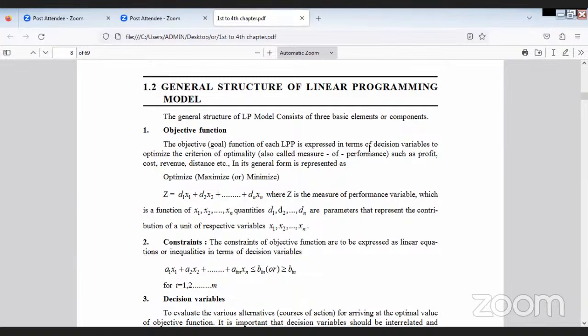It is a function of x1, x2, and so on. xn are quantities. d1, d2, dn are parameters of the contribution per unit of the respective variables x1, x2, and so on.